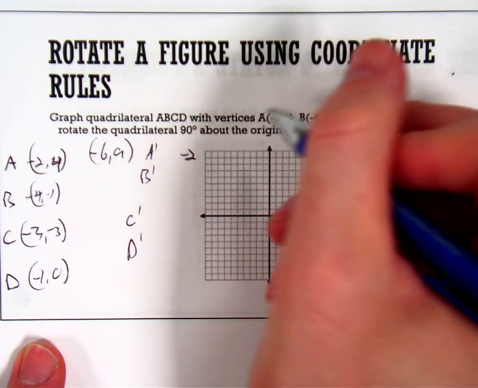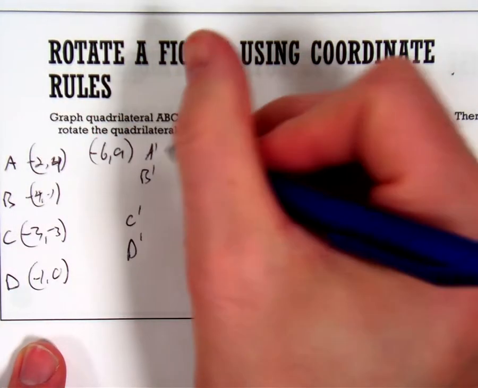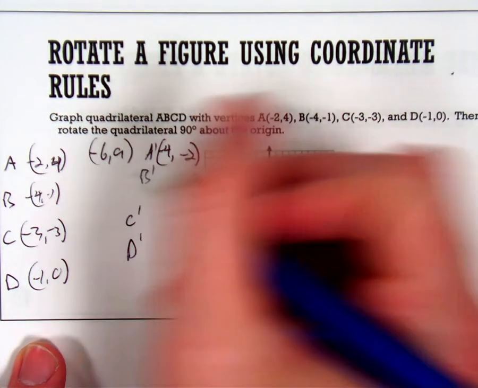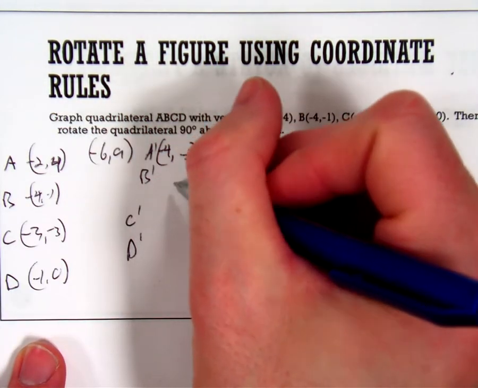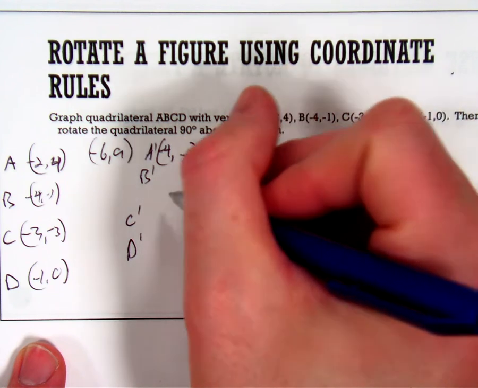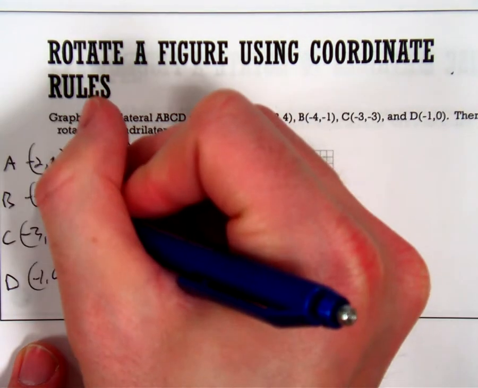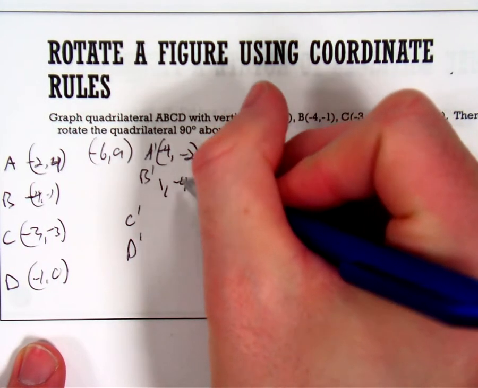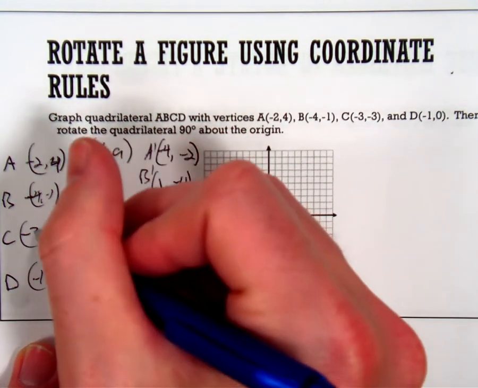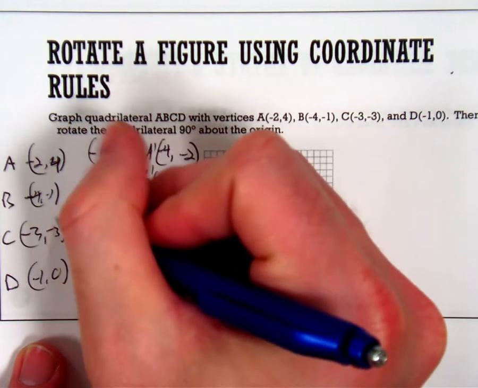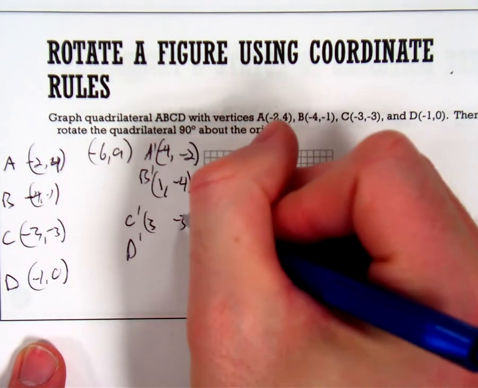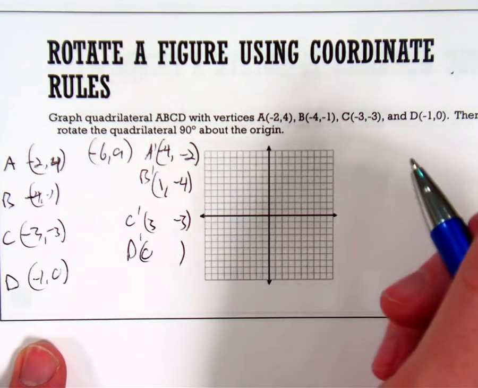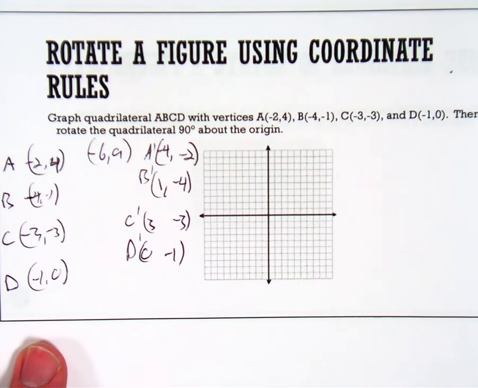So -2 in the back. 4 comes to the front and changes signs. -4, -2. -1 comes to the front and changes signs, so +1. -4 goes to the back. -3 goes to the back. This -3 comes up to the front and changes signs. 0 can't change sign, it's still 0. -1 goes to the back.